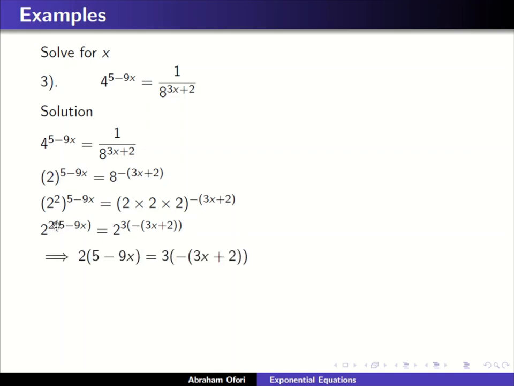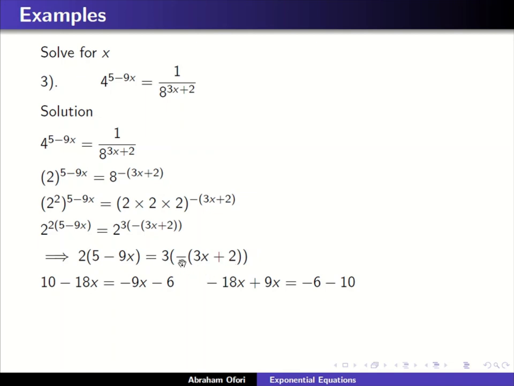Now, since both sides have the same base, I can equate the powers. So 2 into bracket 5 minus 9x equals 3 into bracket negative of the expression 3x plus 2. Now, 2 times 5 is 10. 2 times negative 9 is negative 18x. And 3 times here, the negative affects the bracket, giving negative 3x, negative 2.